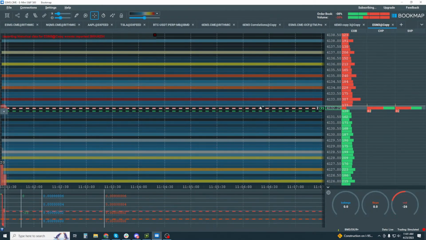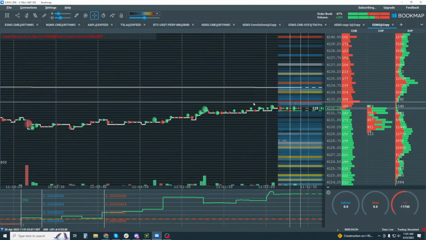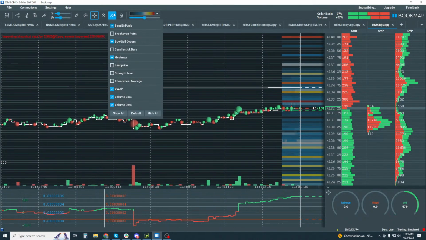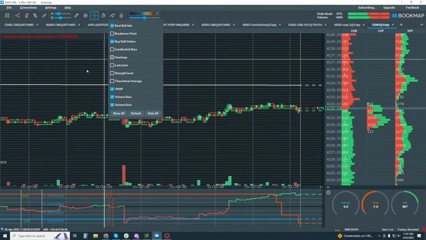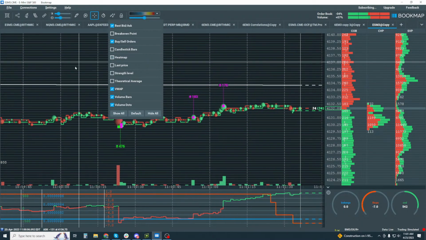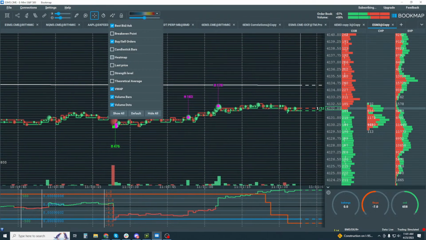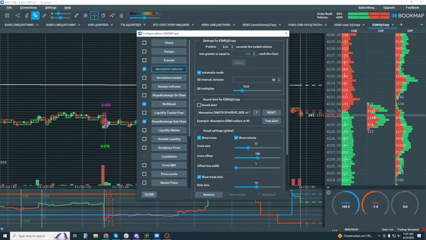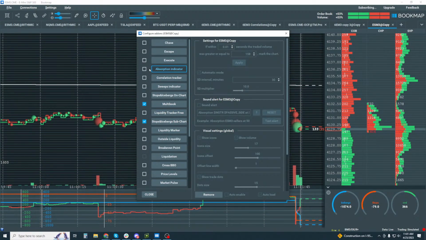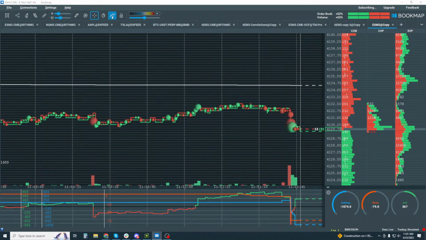Now, what I want to show here first, and some of you veteran traders are probably rolling your eyes, but stick with it here. There's some good things to cover. Just hang in there with me. So we're going to deselect everything in here.